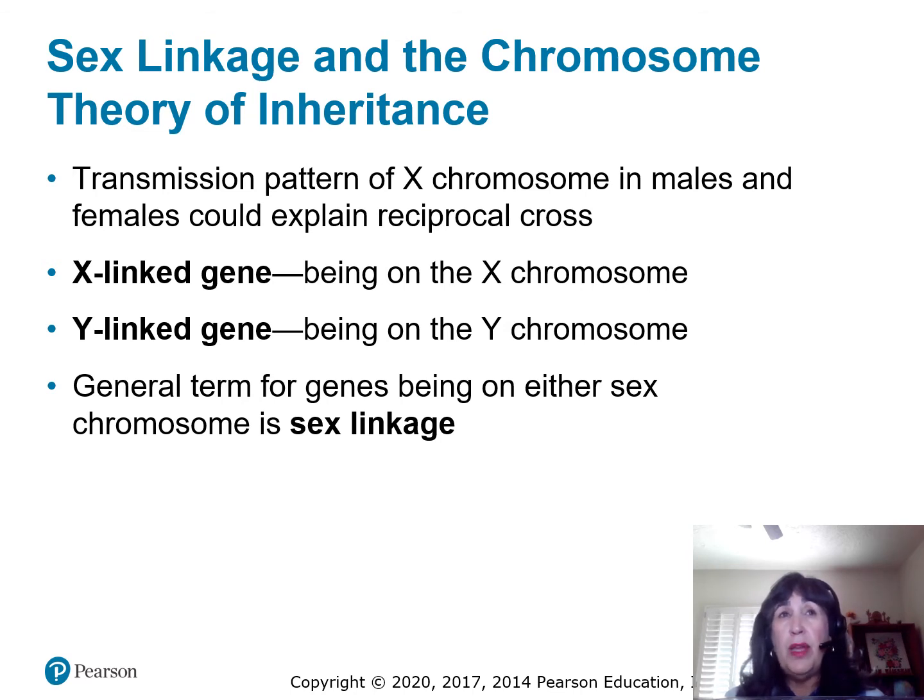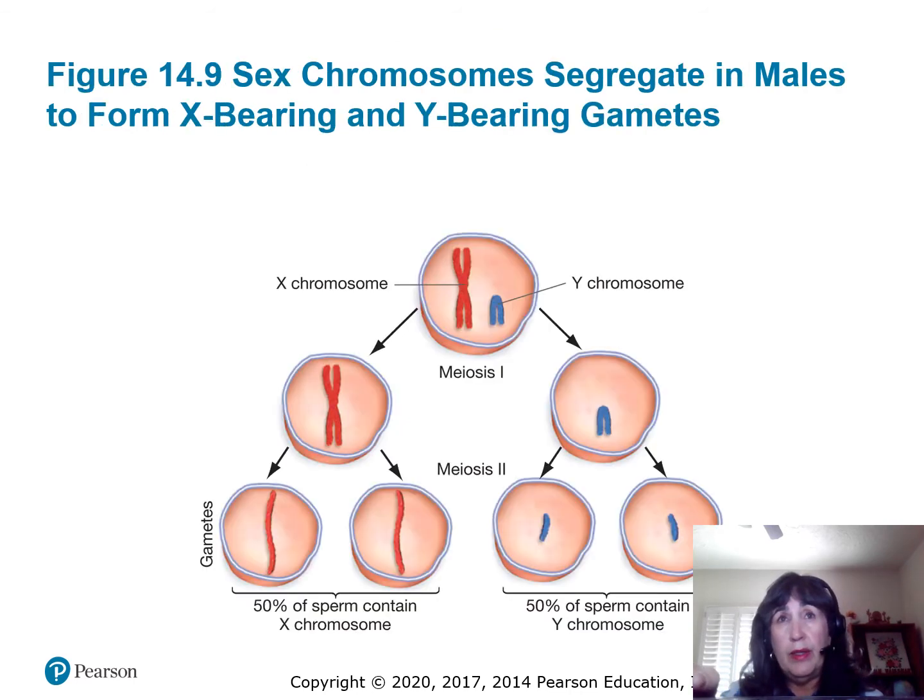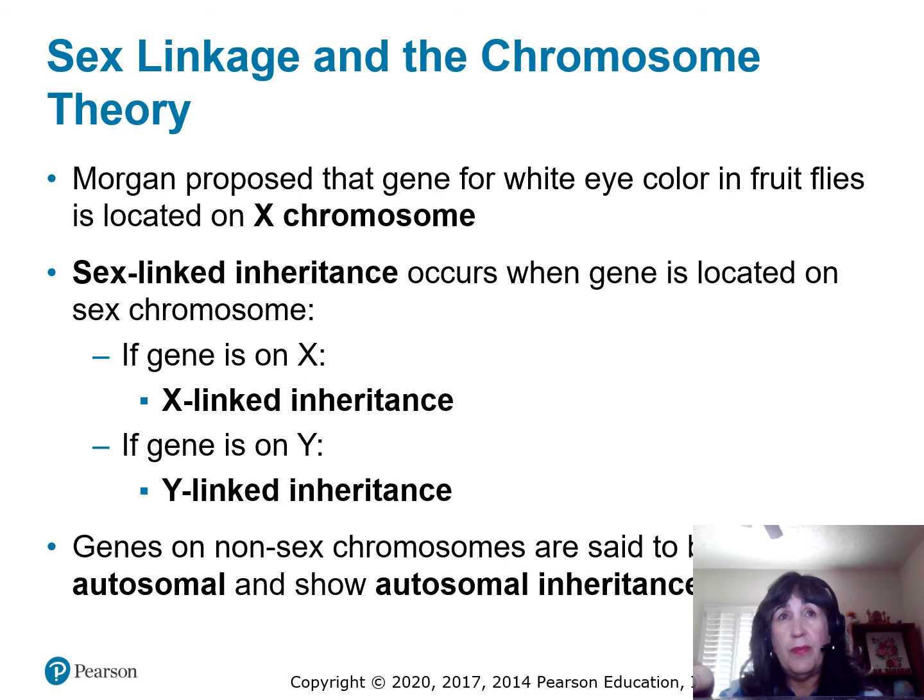But X-linked genes are way more common, and the reason for this is because the X chromosome is way larger than the Y. So you can have sex-linked traits, and these are traits that are found on the sex chromosomes.